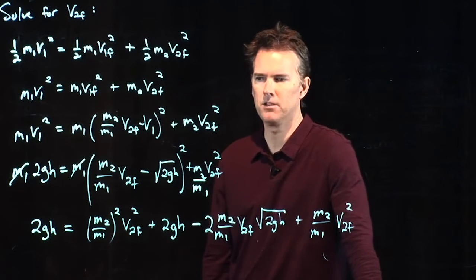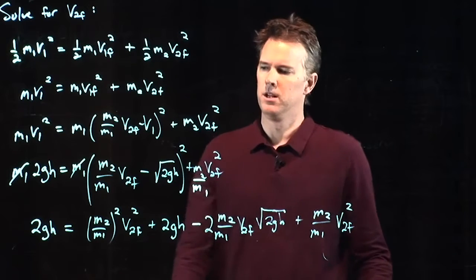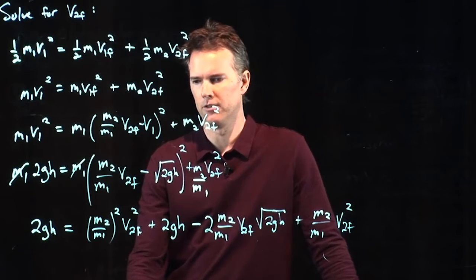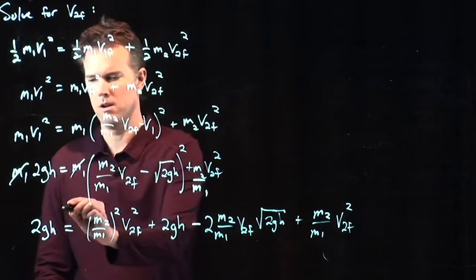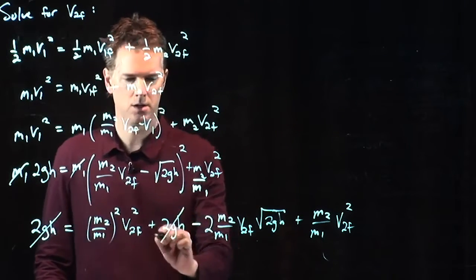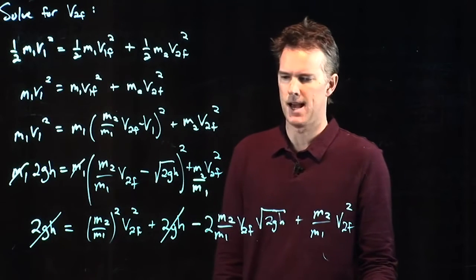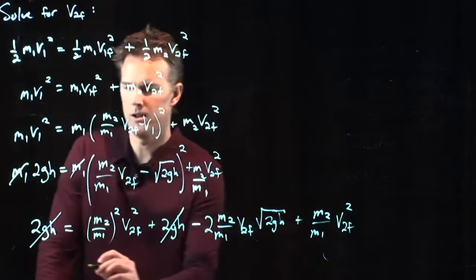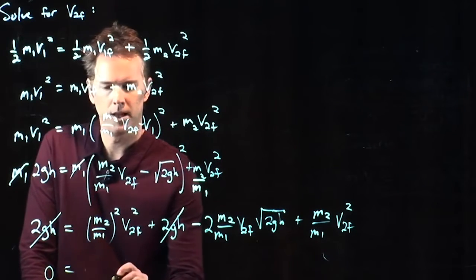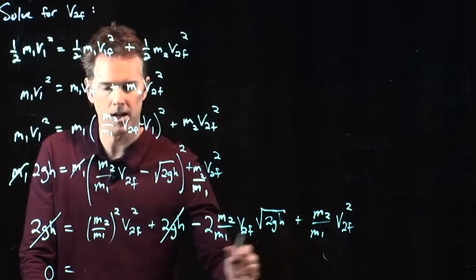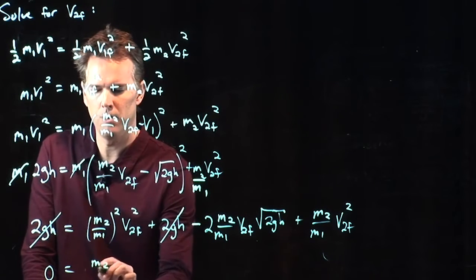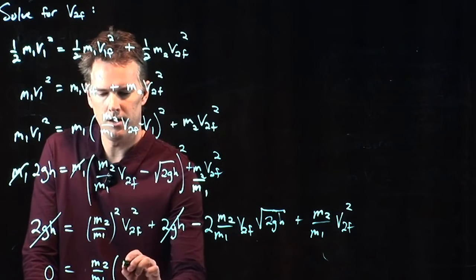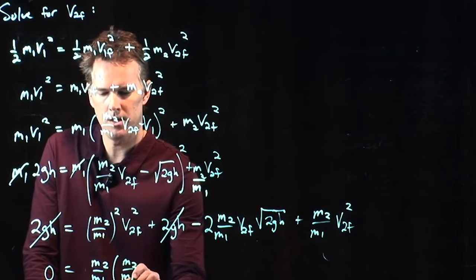Aha! It looks like we have some stuff that is going to simplify a little bit. For instance, 2gh right there and 2gh right there. That looks good. We also have two terms that have v2f squared, so let's put those together. This one has a m2 over m1, and we have m2 over m1 in that one.